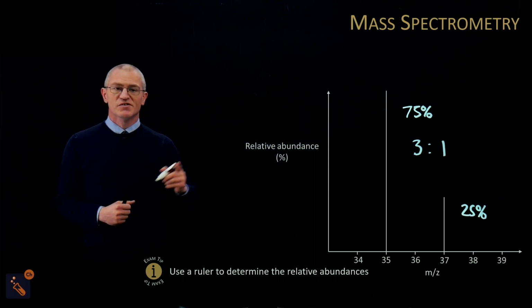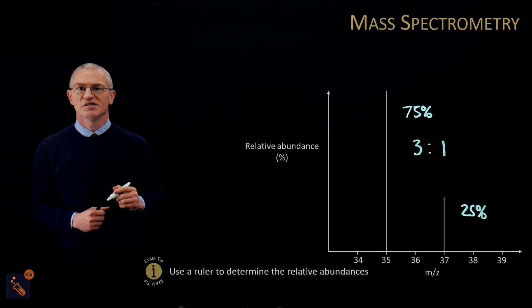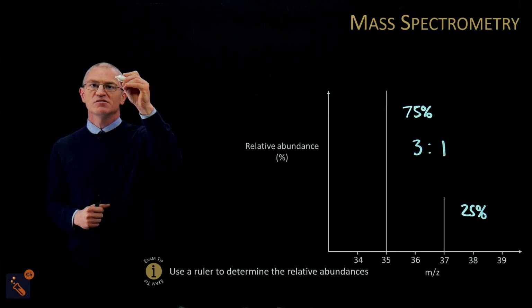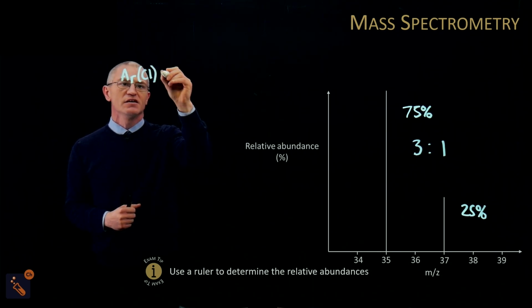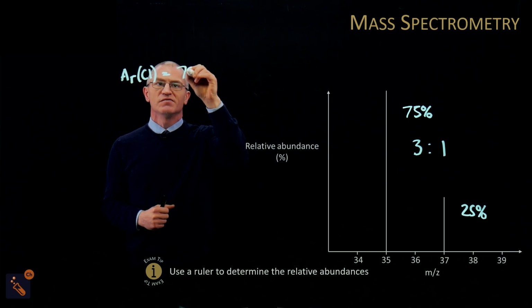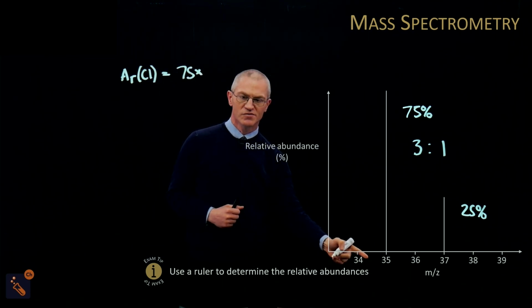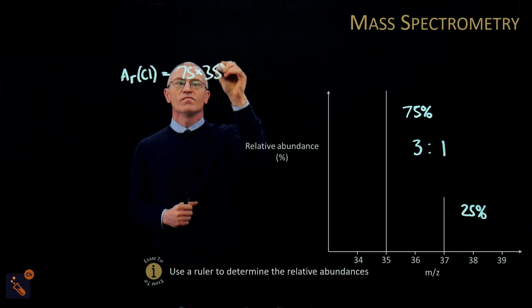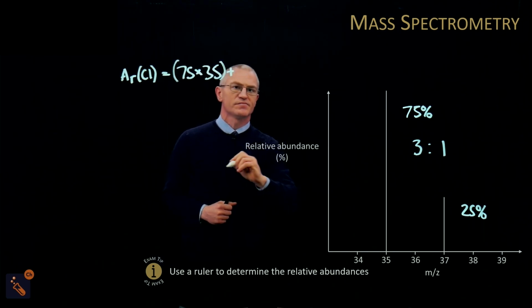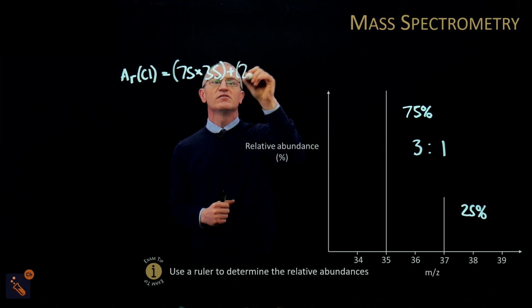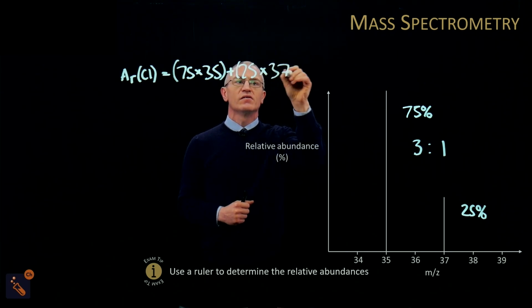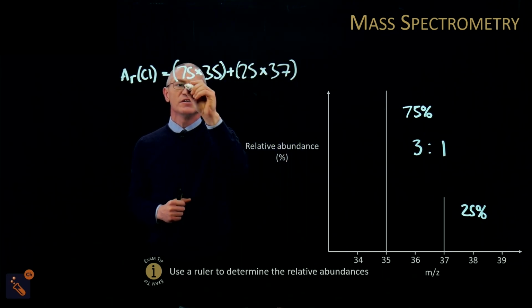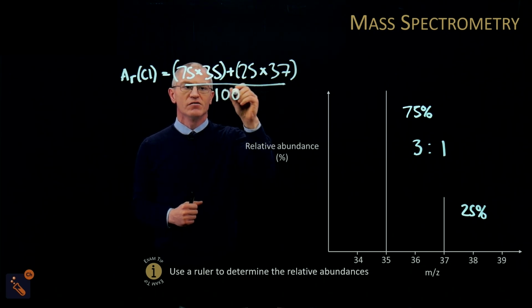So now we've got the masses of the different isotopes and the percentages, all from this mass spectrum. So all we do is calculate our Ar. Our Ar of chlorine is going to be 75 times 35, plus 25 times 37, and then we divide that all by 100.